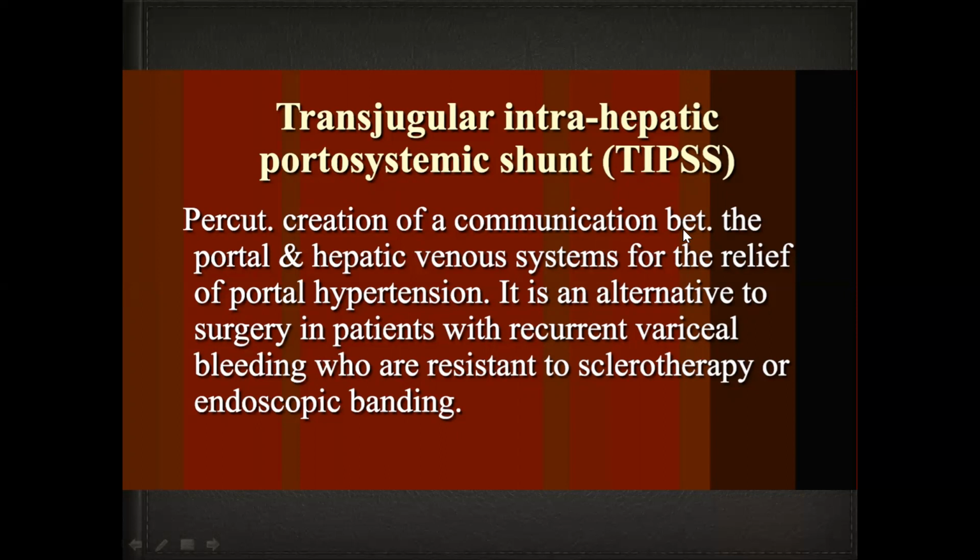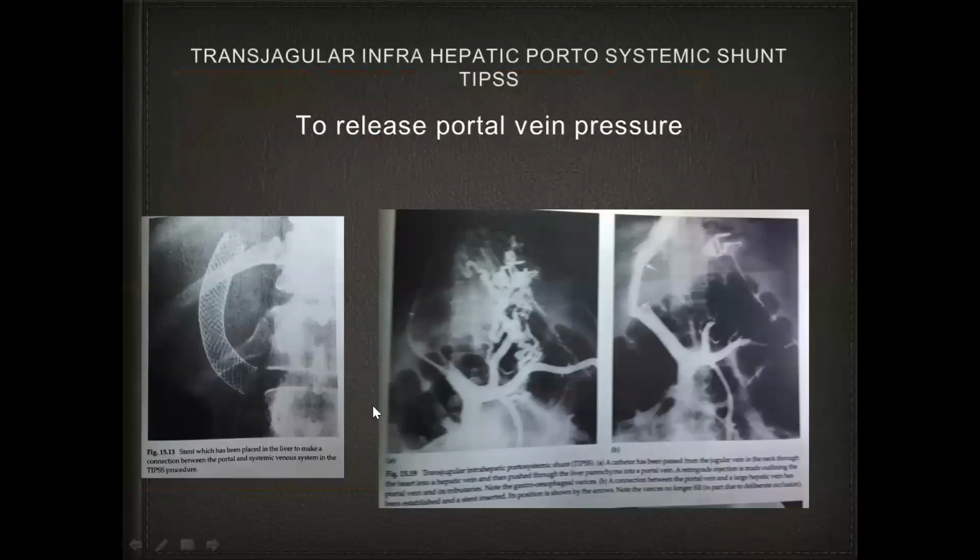We do a shunt between the portal vein and the hepatic vein to bypass the portal venules. Sometimes it is done in recurrent variceal bleeding, which is not controllable by sclerotherapy or endoscopic banding.